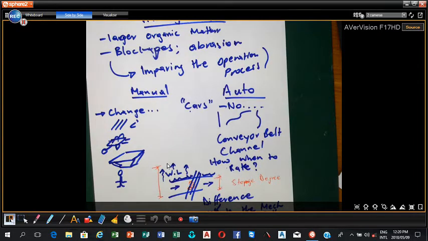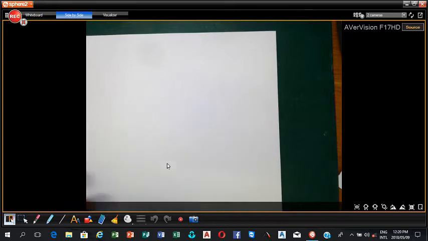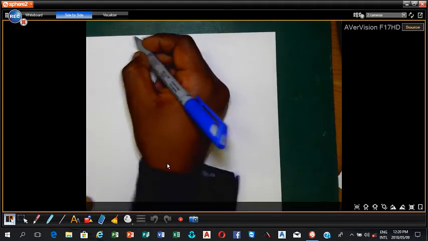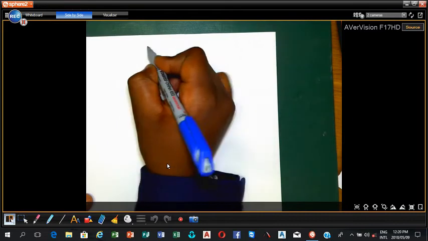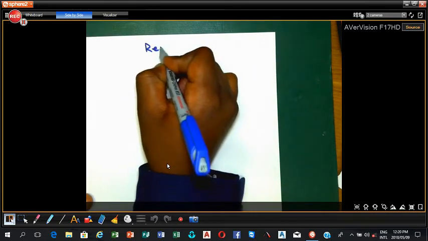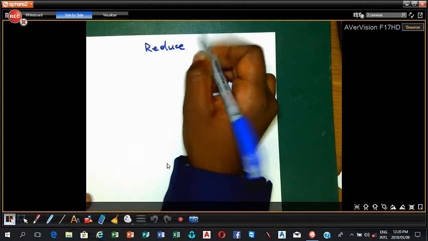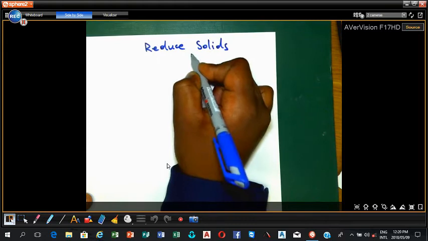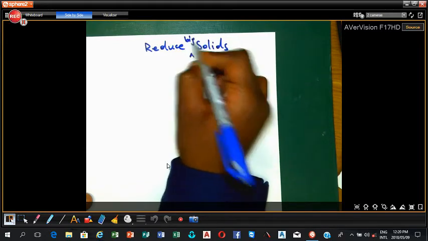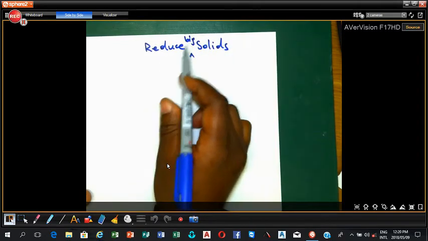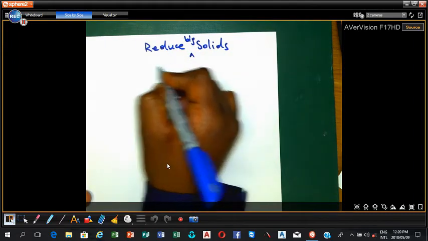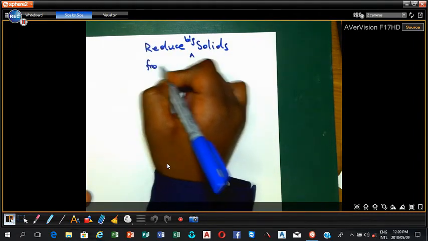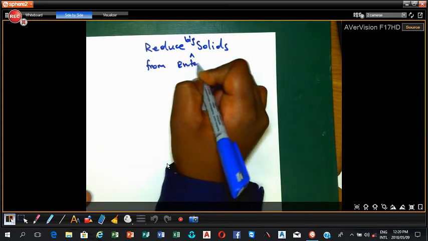Right. Tell me, as we are going through the explanation, what is it that you are grasping? Of course, one would say, I can see that you are saying you reduce the amount of solids. In fact, the big solids, yeah, you reduce big solids from entering the process.